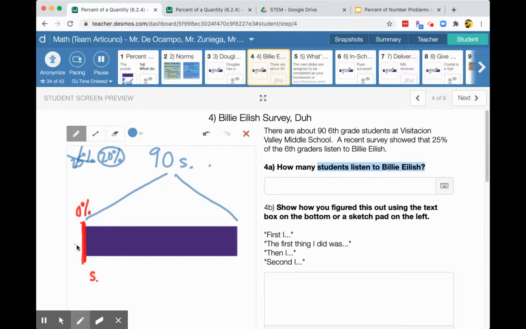If nobody listened to Billie Eilish, then that means nobody did. But what if 100% listened to Billie Eilish? That means all of the 90 students will listen to Billie Eilish, so it's 90 over here.